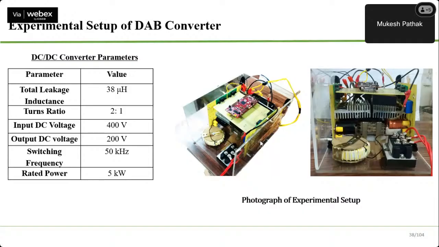Whereas a conventional 5 kilowatt transformer would be very heavy. It will be a box a few feet in height, a few feet in width, and depth also. But here the overall system, although we have not commercialized it, every dimension is less than 1 foot.